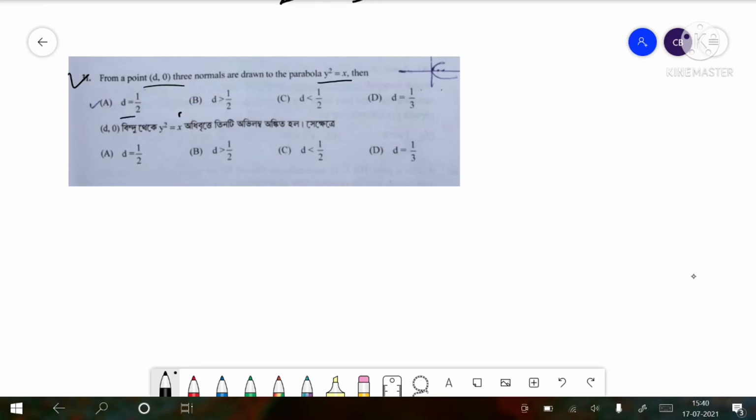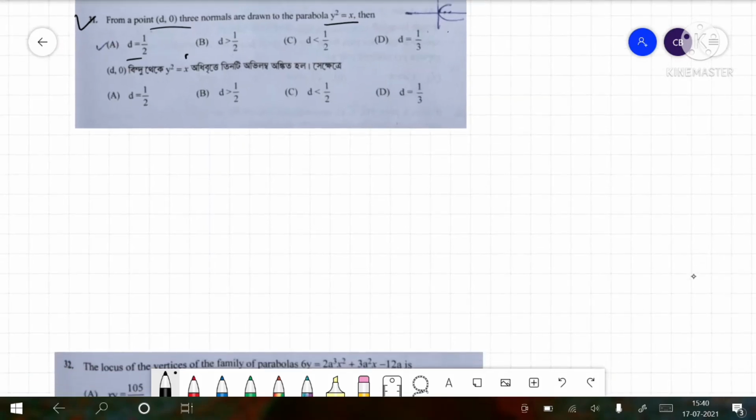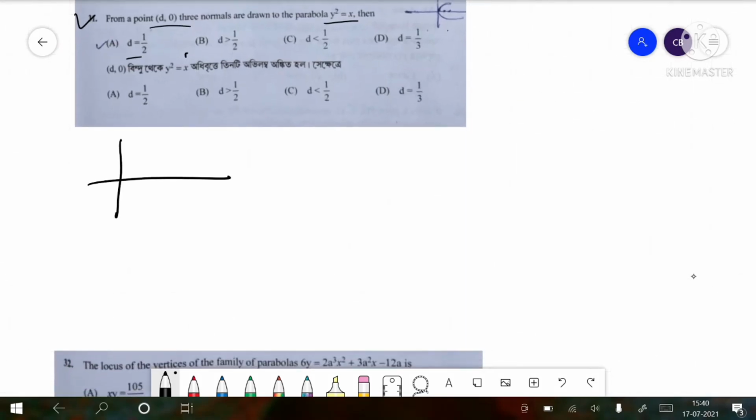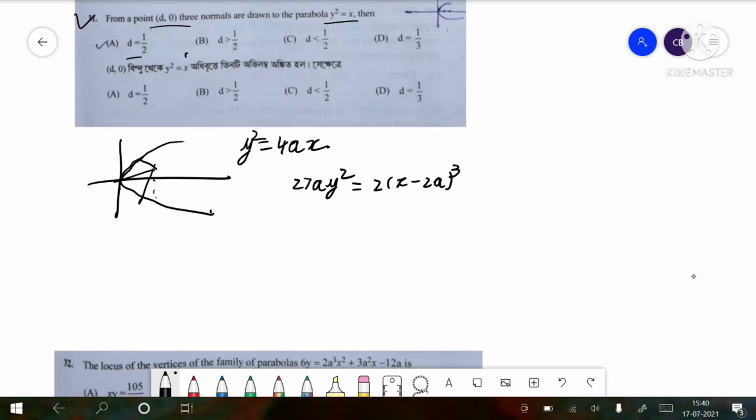For this, you have to remember one equation: for any point, not only on any axis, for the parabola y square is equal to 4ax, the locus of the points from which 3 normals can be drawn on the parabola is given by 27ay square is equal to 2x minus 2a whole cube. It basically comes from the solution of the cubic equation of the slopes, which gives us the 3 normals.